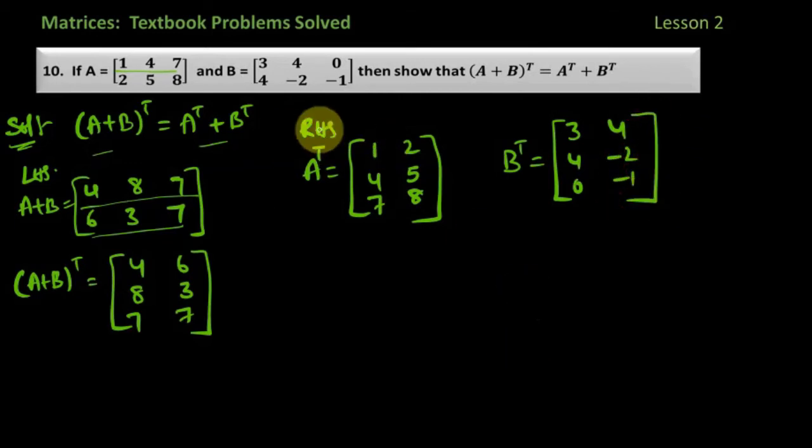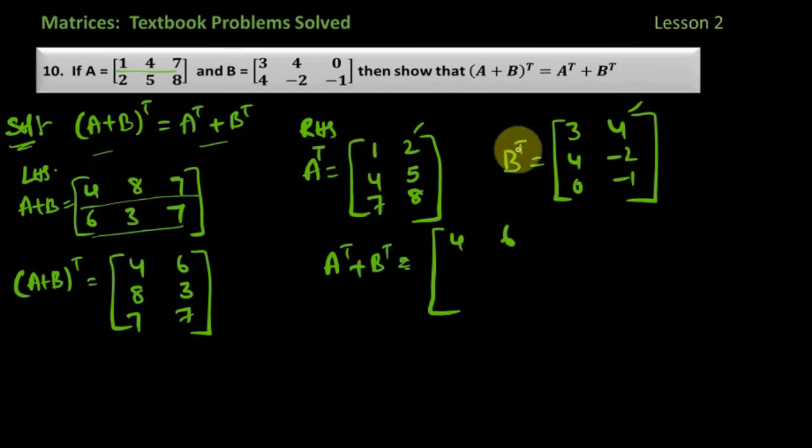Now what should I do? I should simply add these two. So A transpose plus B transpose is equal to, chalo. Now we'll add this. 1 plus 3 is 4. Similarly, 2 plus 4 is 6. Here 4 plus 4 is 8. 5 minus 2 is 3. 7 plus 0 is 7.